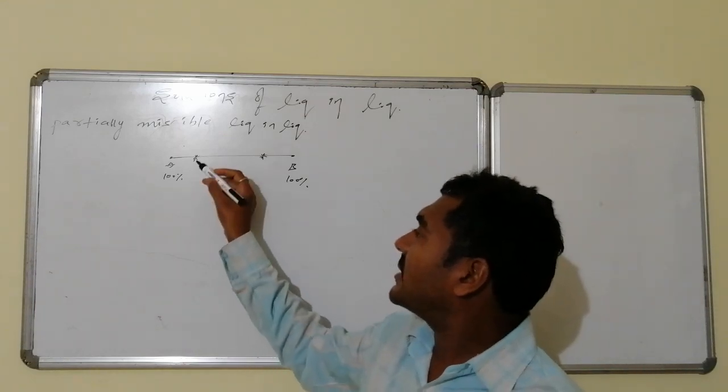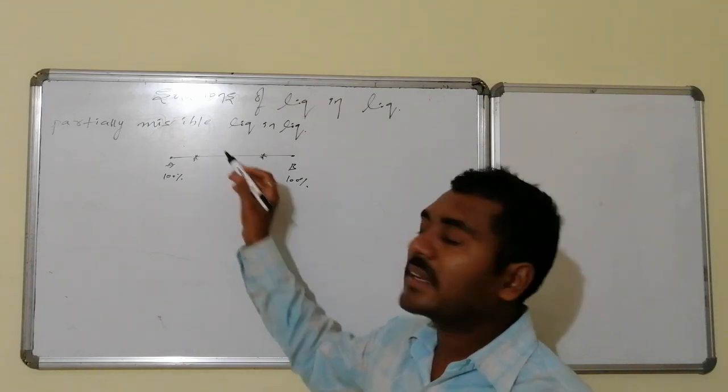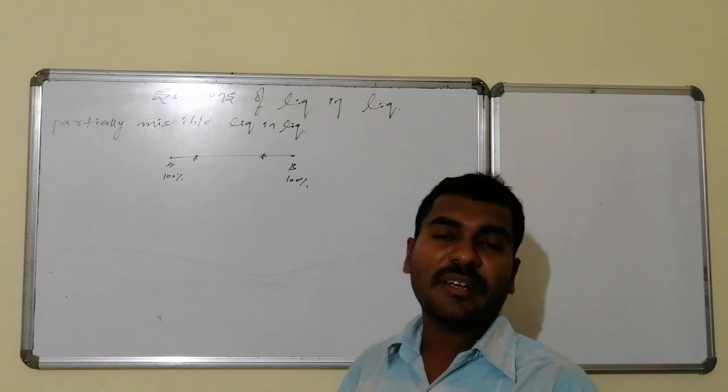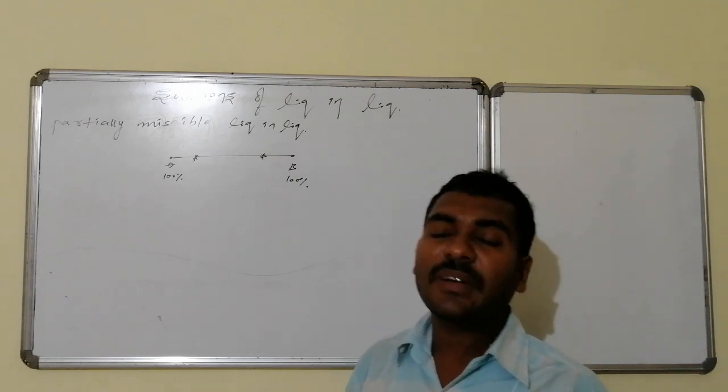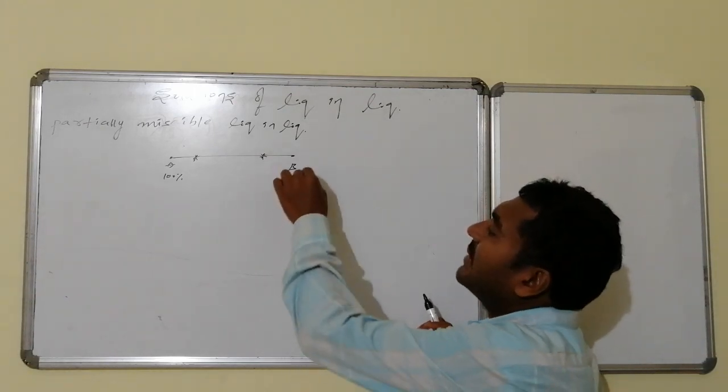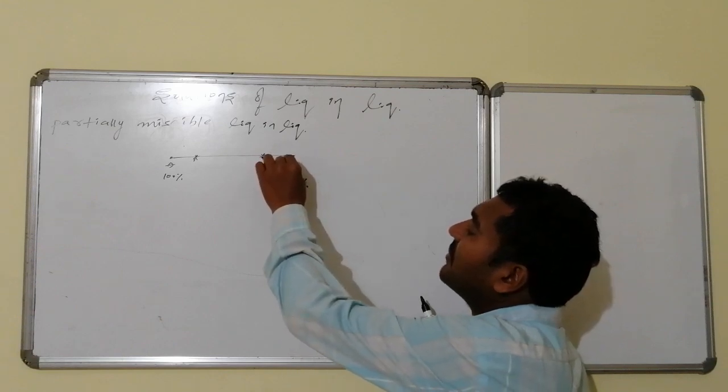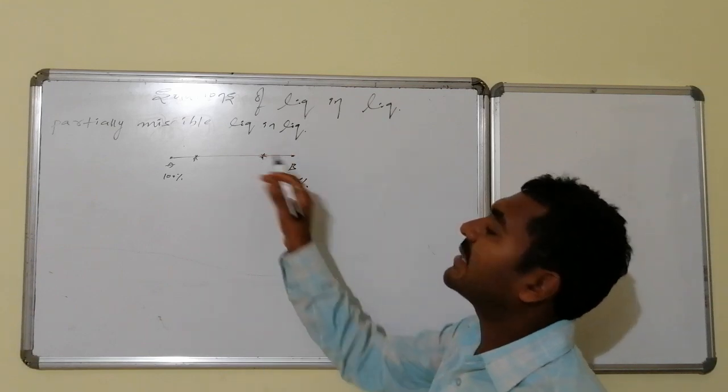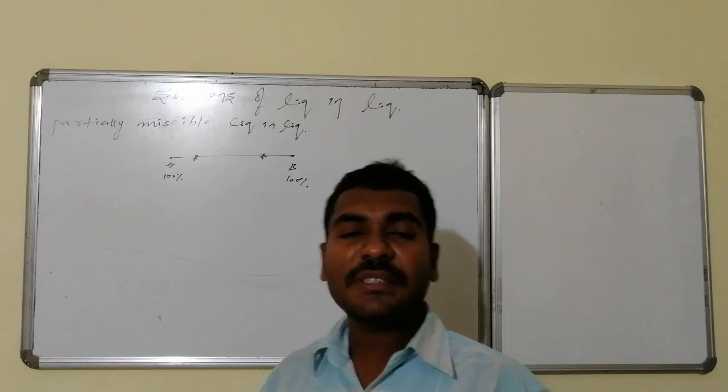After this, if the percentage of B increases, then two layers separate and behave as two different layers. Similarly, starting from 100% B, as A concentration increases up to a certain level, it behaves as a homogeneous mixture.